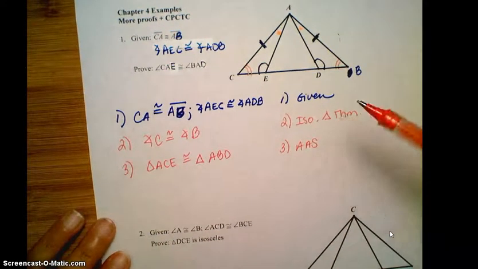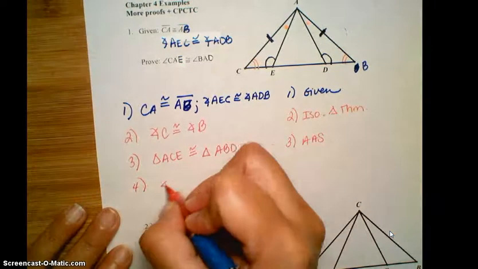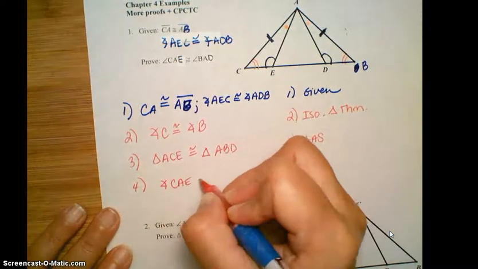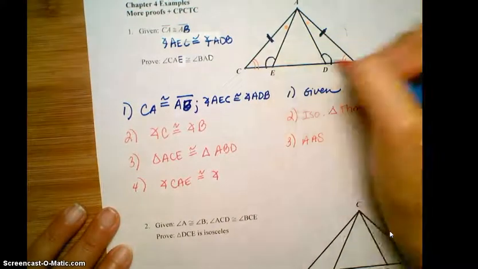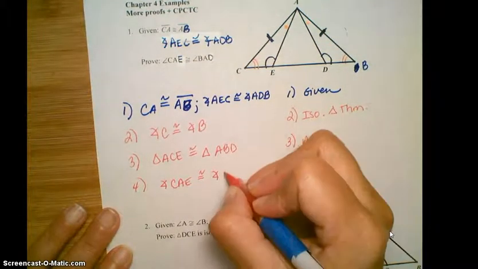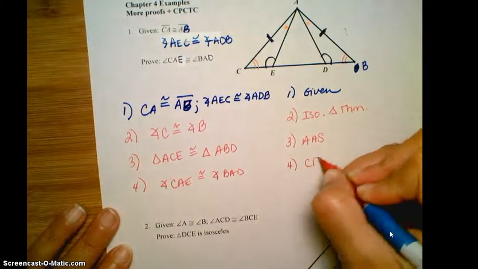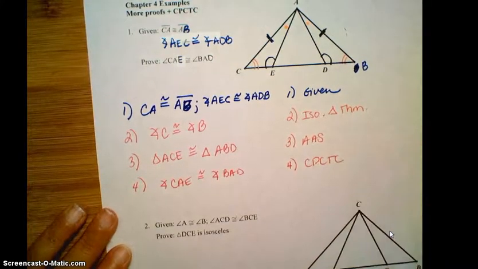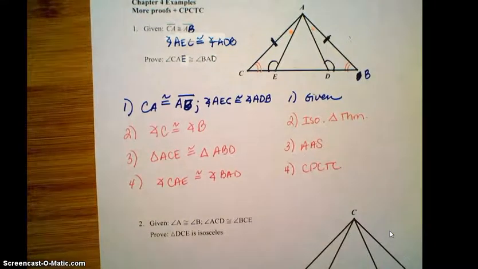Now, once the triangles are congruent, of course, our new best friend, all of their parts are congruent, so angle CAE would be congruent to angle BAD, and your reason would be CPCTC.